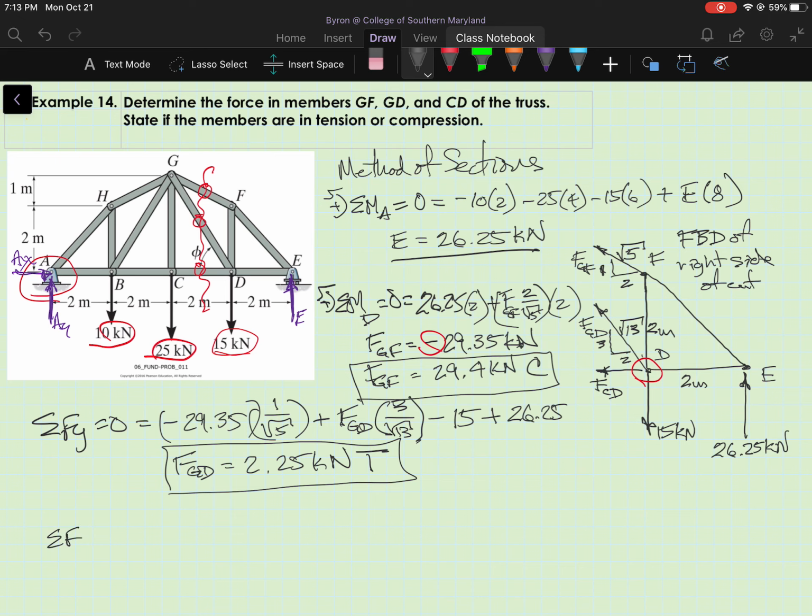And then I write my last equilibrium equation. Now again, I need to realize that for FGF, it's actually acting downward and to the right, so its x component is going to be a positive 29.35 times 2 over root 5.